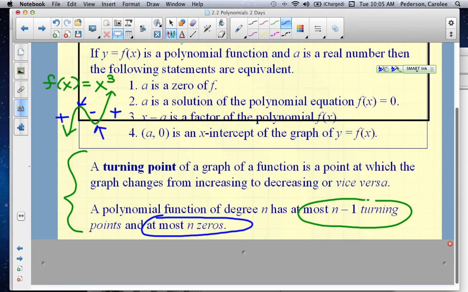I can have at most n zeros. So what's my degree? 3. So I can have 3 zeros, or in graphing world, 3 x-intercepts. Sometimes it doesn't happen. Sometimes you might just have 2. And we'll talk more about why that might happen tomorrow. Why you might just only have 2 x-intercepts instead of 3.